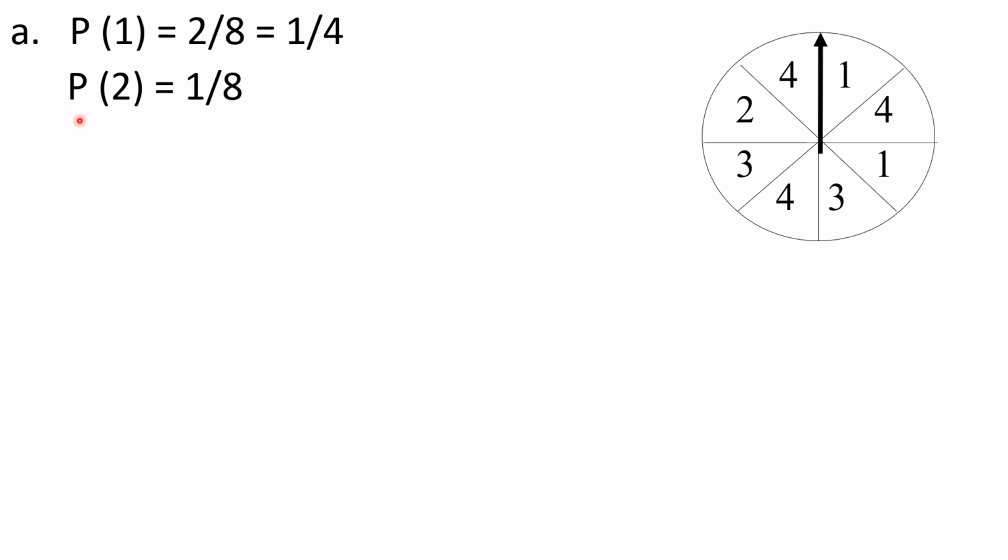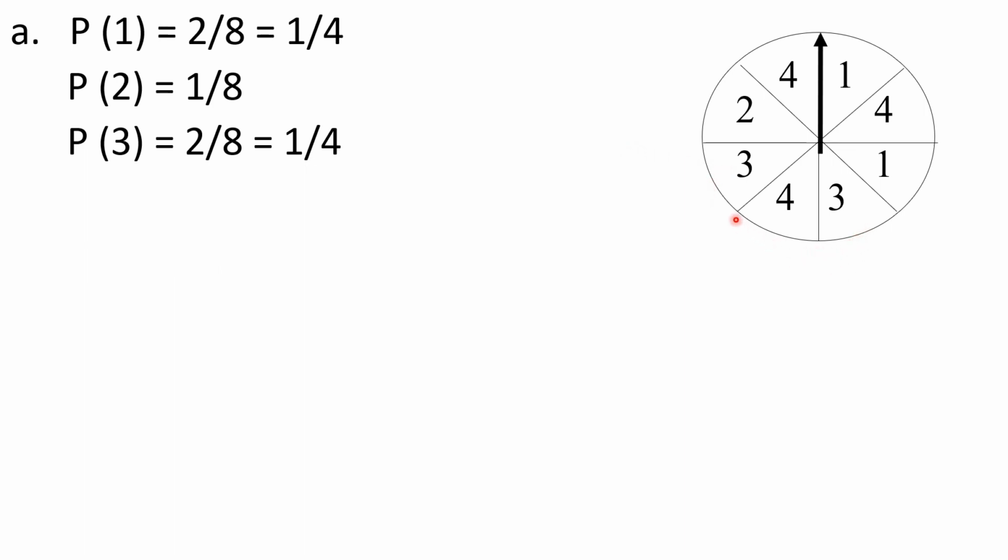For p of 2, or the probability that the arrow will stop at 2, since there is only one section which is numbered 2, then that probability is 1 over, again, the total number of sections, 8. So 1/8. For p of 3, how many sections are numbered 3? There are 2.